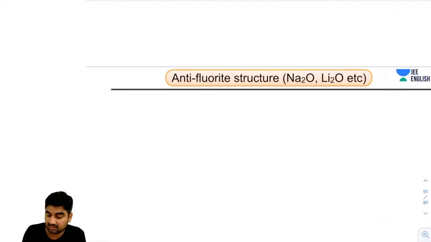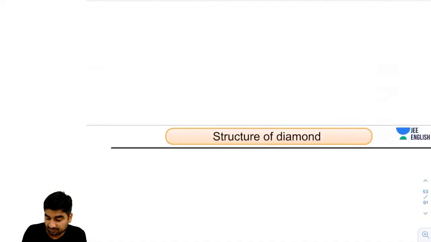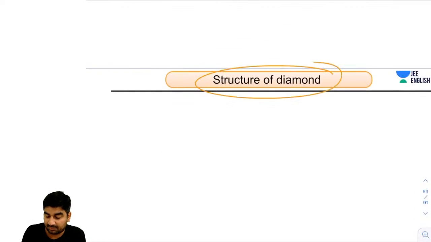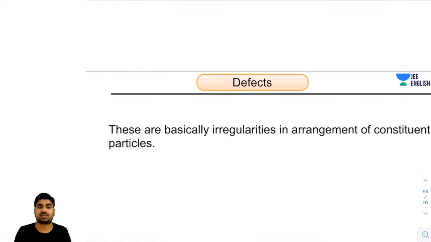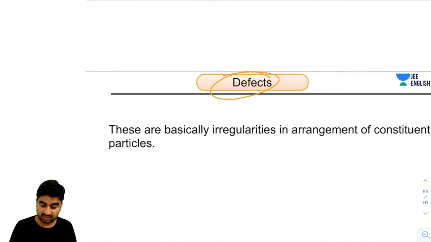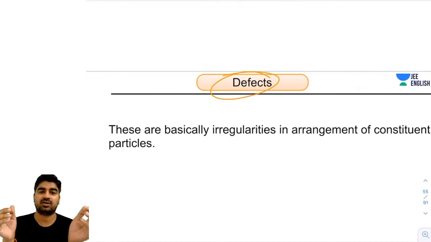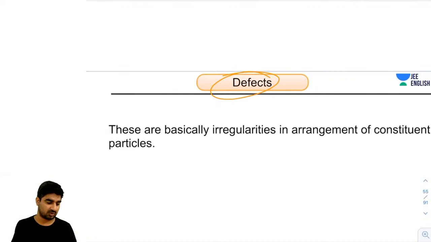And then after anti-fluorite, I will be taking the structure of diamond. And after this, if we have some time, then I will also take the defects. So next class is going to be crucial, and every time one problem is there, whether it is JEE Mains or Advanced, from this topic. I don't have any idea at this moment, but definitely I will have a session over it. Right?